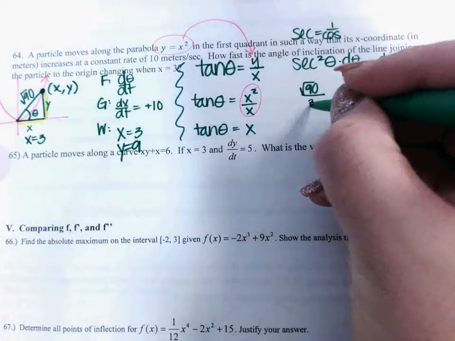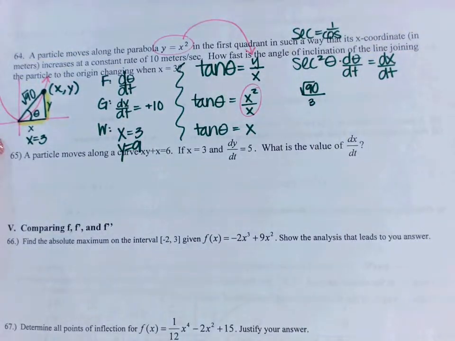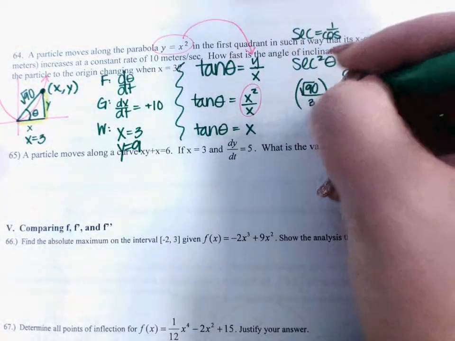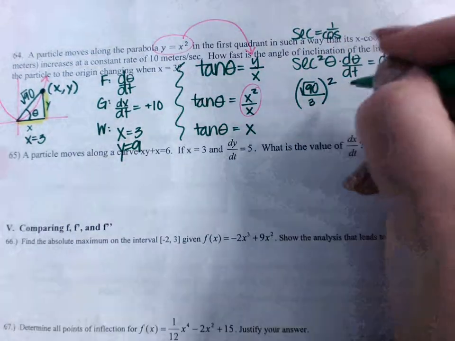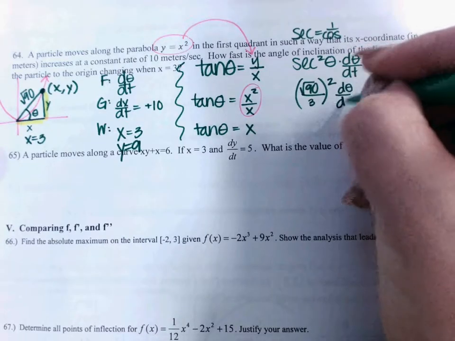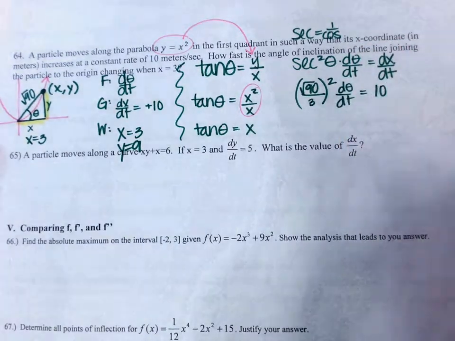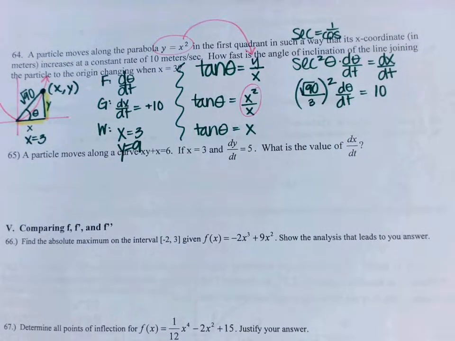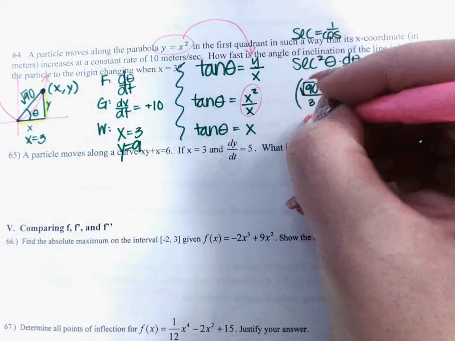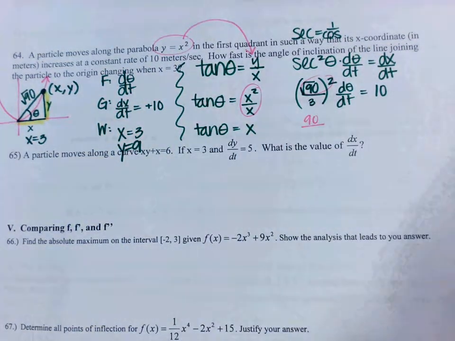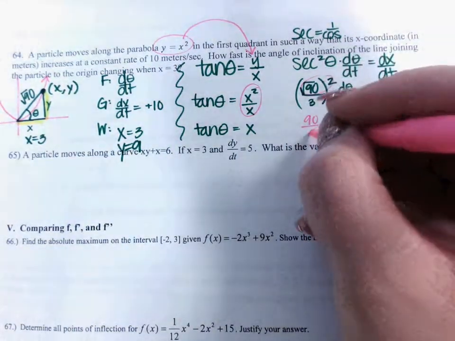It'd be the 3. Okay, then remember that it is squared, and then d theta dt is my unknown, and then dx dt is 10. Now, from here, when you square square root 90, what do you get? Just a 90. What do you get when you do 3 squared on the bottom? 9.